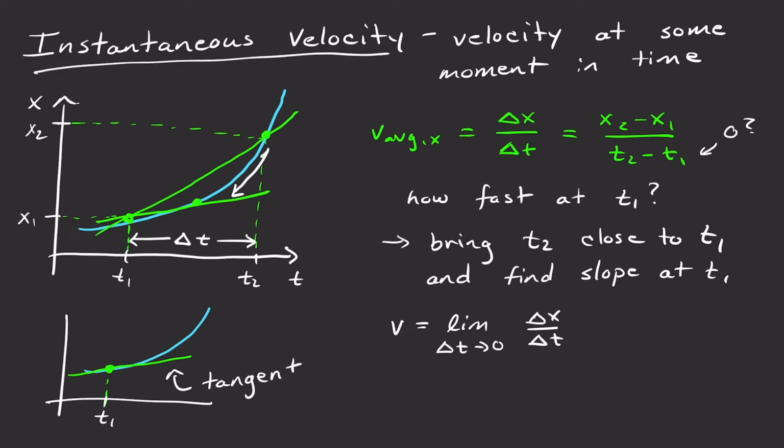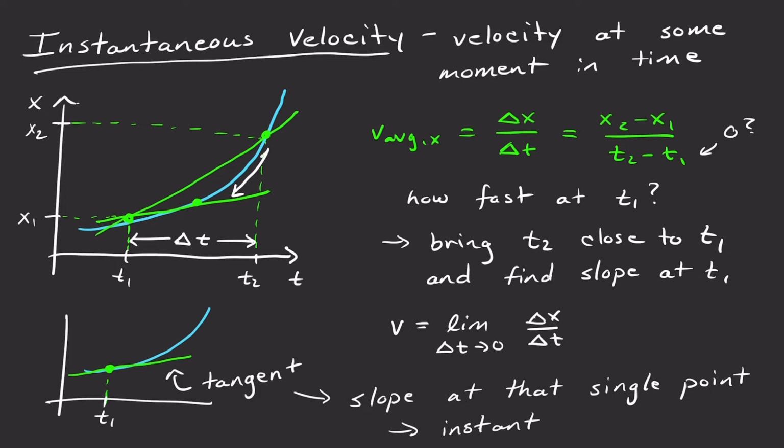Tangent lines only touch at one point, so it's only touching at t1, and it gives the slope at that single point. And so the slope at a point of a position versus time graph also represents the instantaneous velocity. Okay, so now let's practice this.